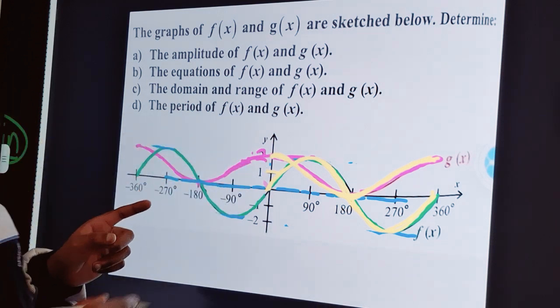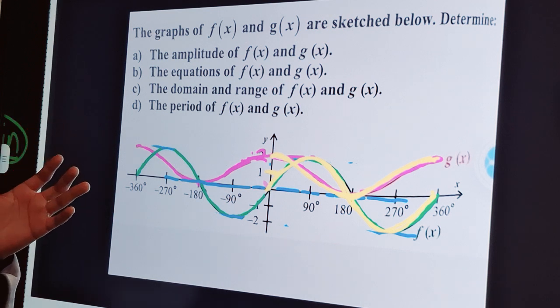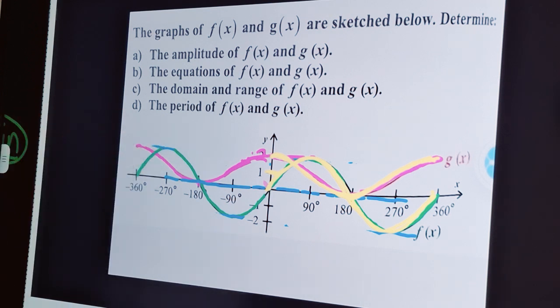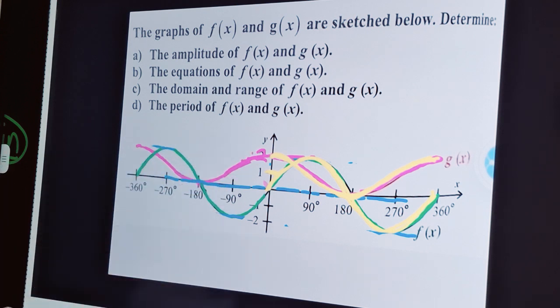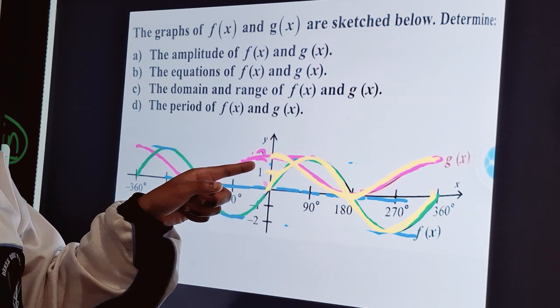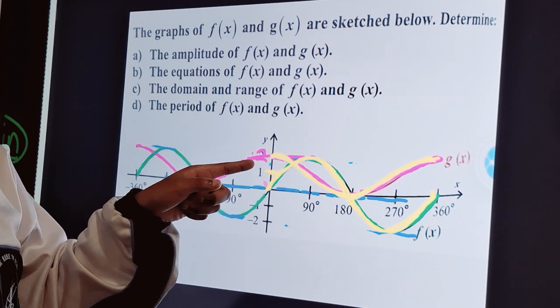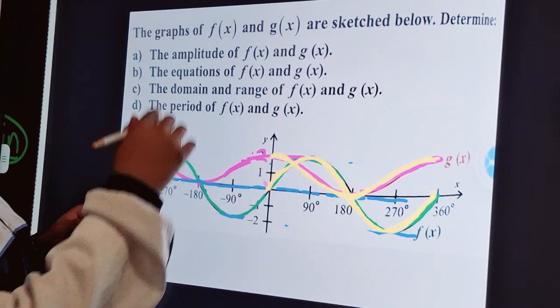Now if you look at our graph here, the cosine starts at 2, it doesn't start at 1. So why didn't they start it at 1? They didn't start it according to the standard cosine graph, meaning that they translated it 1 unit upwards.